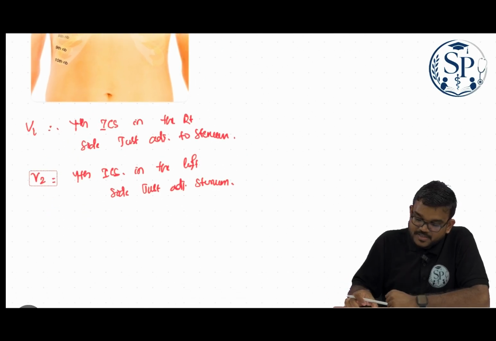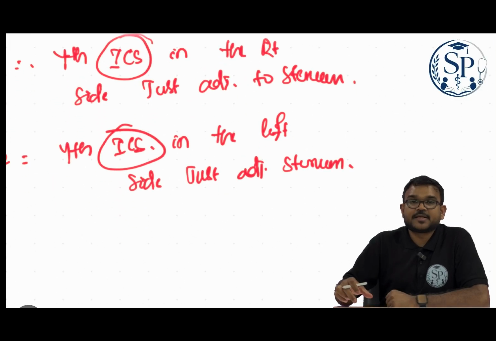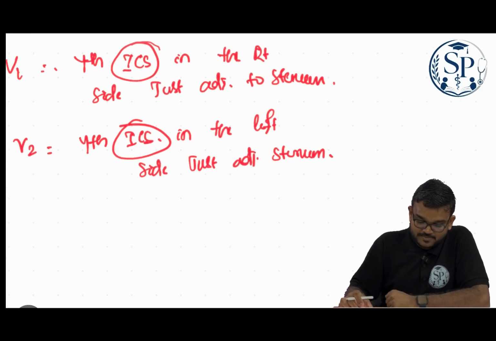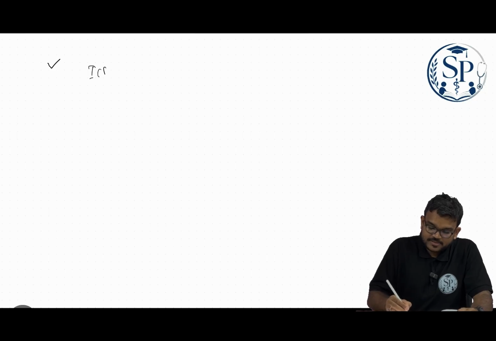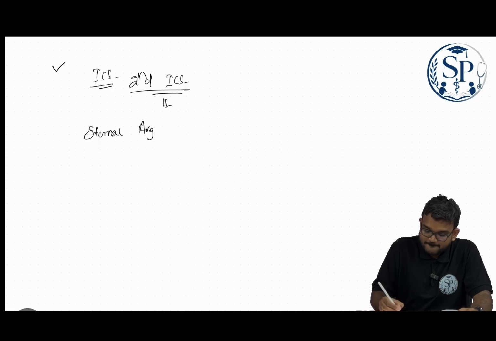Now the question is, how will we detect the intercostal space? The second intercostal space, how will it be appreciated? See, the sternal angle, otherwise known as the angle of Lewis, is where the second costal cartilage is attached.